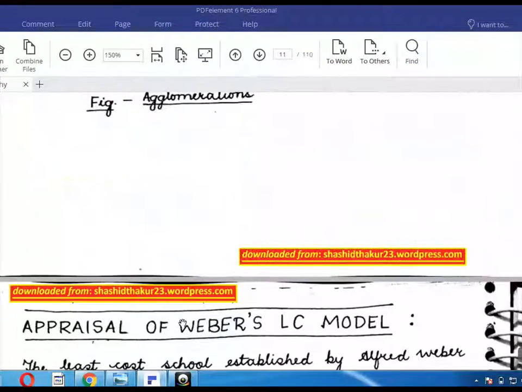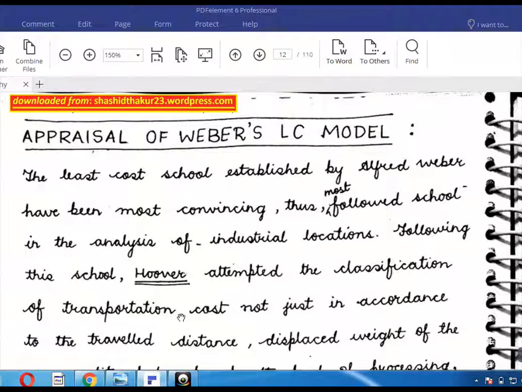So next to discuss, now we have the appraisal of the least cost model. The least cost model established by Alfred Weber has been the most convincing, thus the most followed school in the analysis of industrial location.